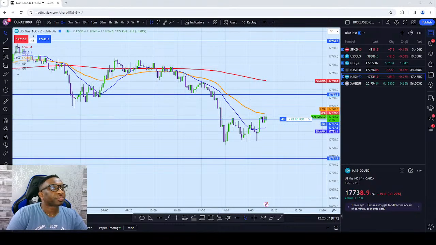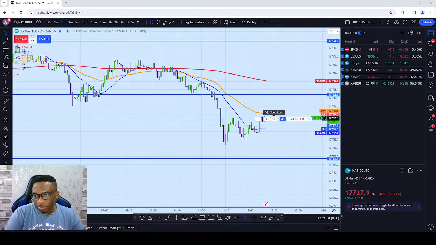So I entered in at this level. Currently price is just hovering around the entry area. I'll go ahead and then put my stop loss below.